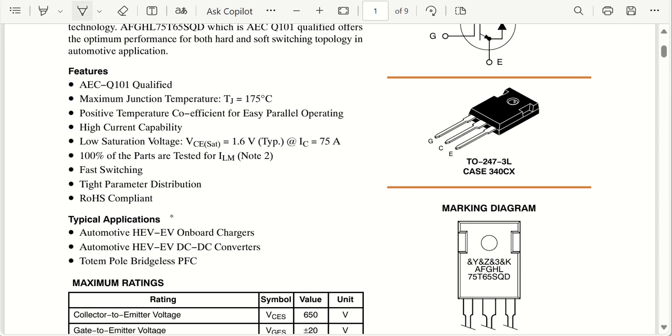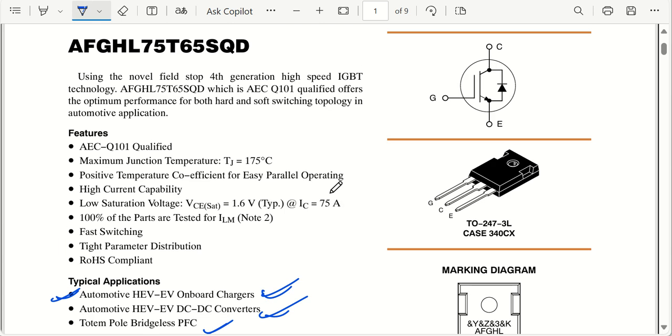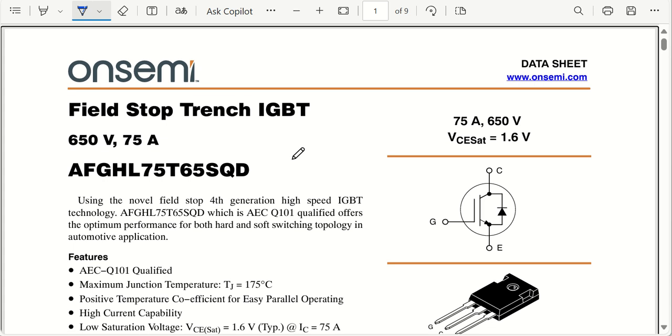So we have applications like automotive HEVs, like onboard chargers, DC-DC converters. We have bridgeless power factor correction applications. So all these things can be utilized, and almost all the electrical characteristics and absolute maximum ratings and typical performance that I just now explained for ROHM semiconductor, in each of the data sheets you will get almost the same details very nicely.